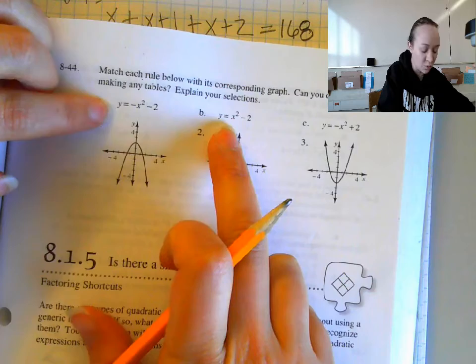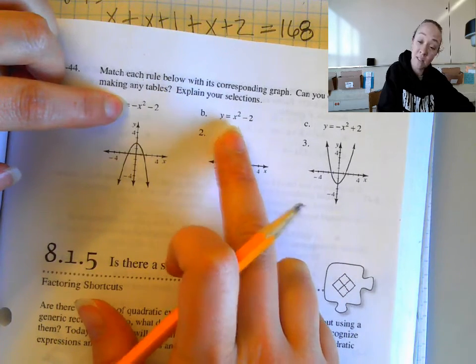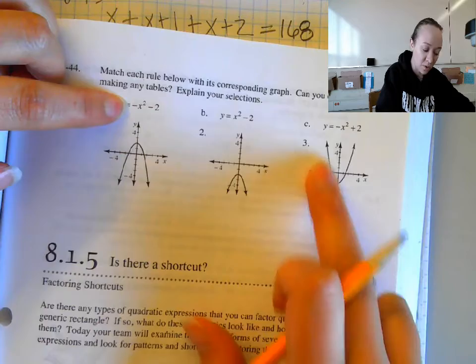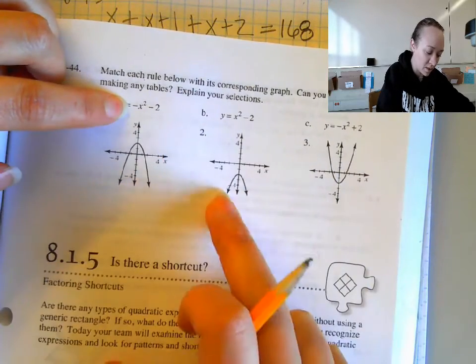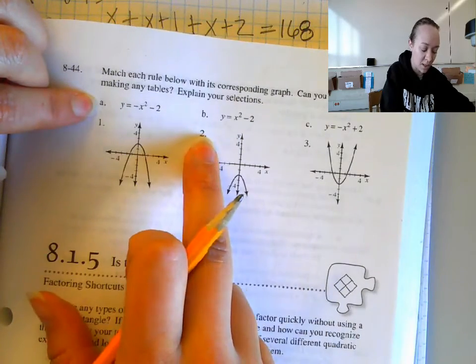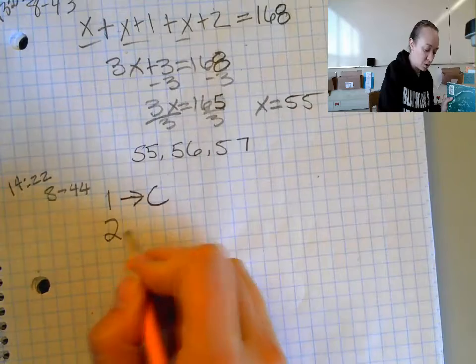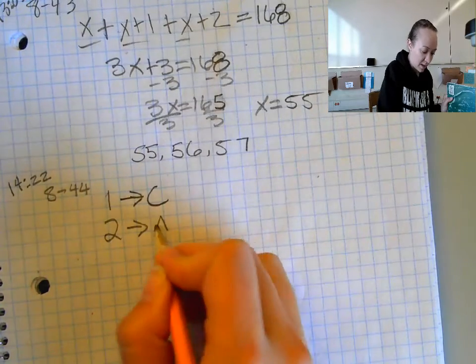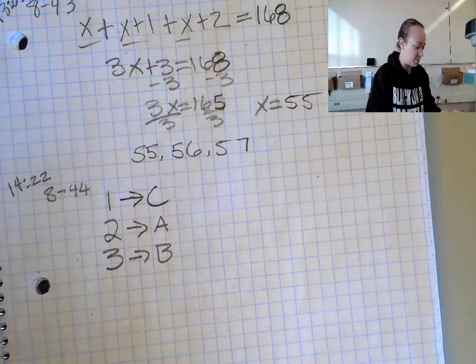The only difference there in the rules is that negative x squared. When you have a positive x squared, that gives you a parabola that goes up. When you have a negative x squared, that gives you a parabola that goes down. So A would match with 2 and B would match with 3. So 2 would be A and 3 would be B.